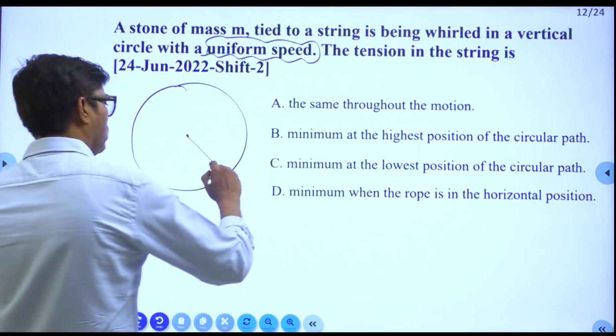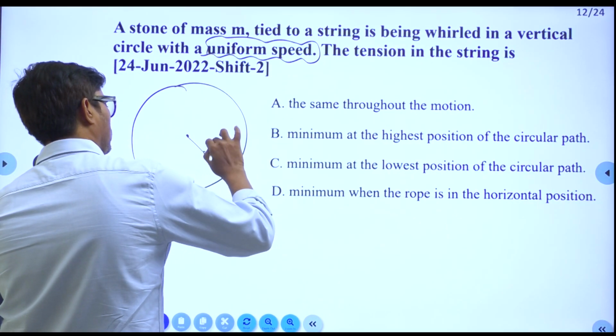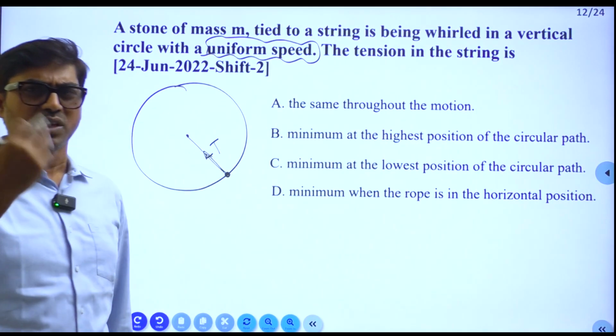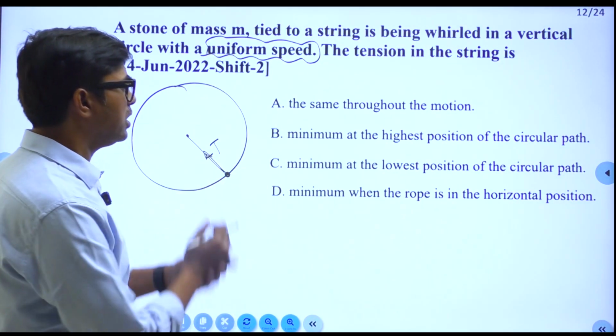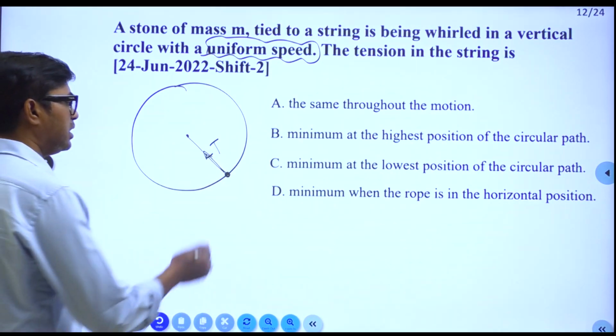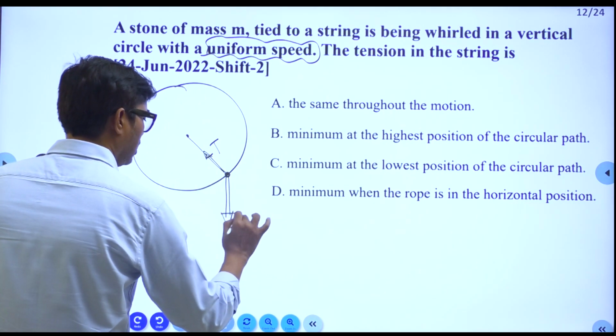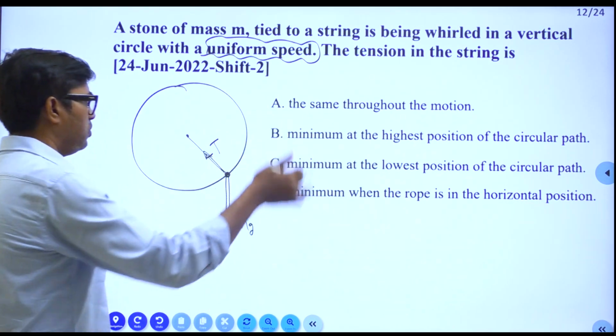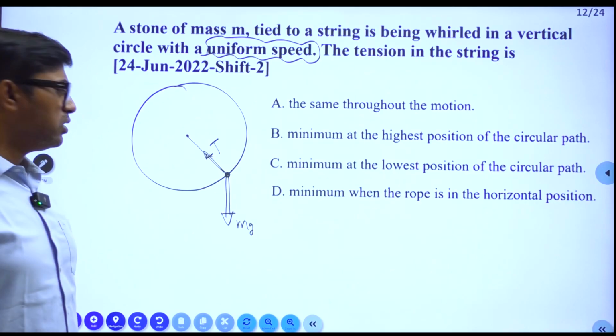But we are assuming that only the tension is there. Initially I thought there is some external force also, but there is no information given about it. So we have to assume that tension is present but varying, as somebody is holding it and continuously changing it.